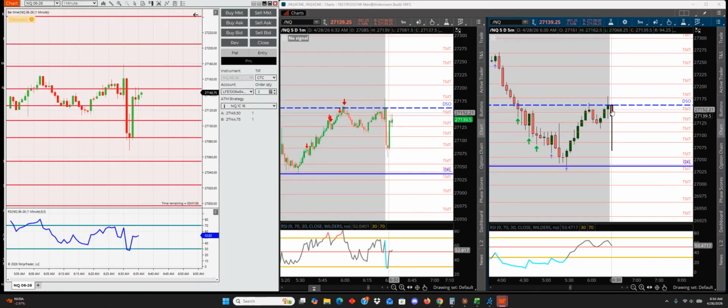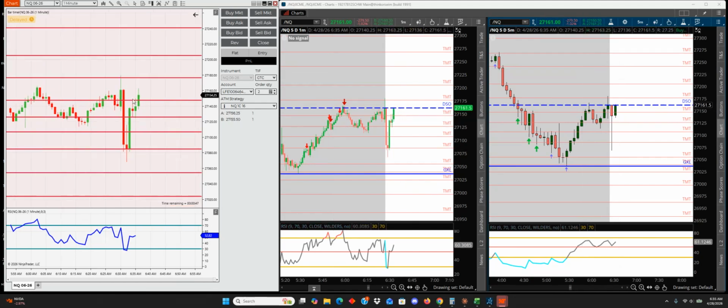So the first 5 minute open at 27,161 and the low was 27,139. So not a big swing. If it breaks this open, then the potential to go higher is pretty good.